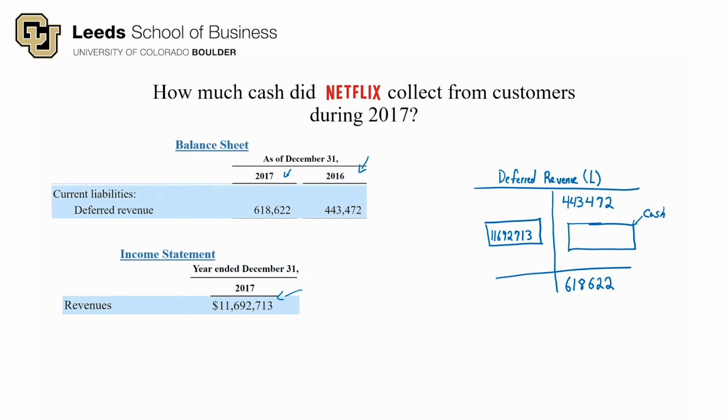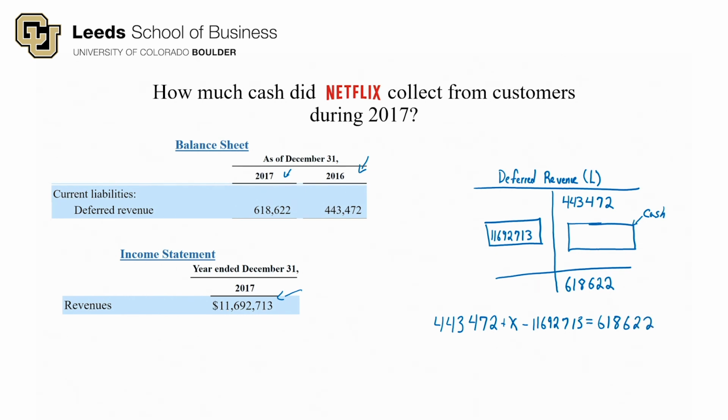And so now all that is involved here is solving for the empty box. And the equation that's implied by this T account, you'll start with the beginning balance, you'll add items that are on the same side of the T account and subtract items that are on the opposite side. So 443,472 is the beginning balance, plus X, which is what we're solving for, minus 11,692,713 equals 618,622.